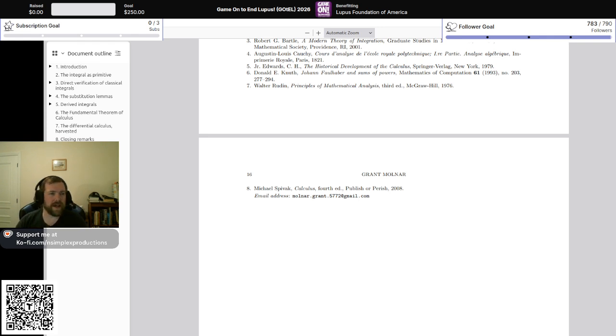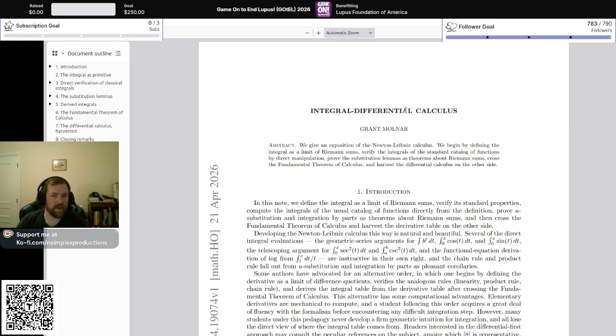Right now we're looking at Grant Molnar's integral differential calculus on arXiv. Kilogram, 2.2 pounds. So, roughly speaking, 68 plus 6.8, so pretty much 75 pounds.